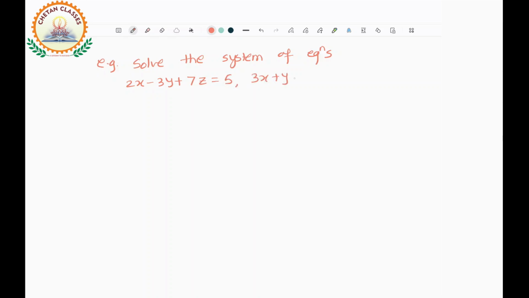Second equation, 3x + y - 3z = 13. And third equation, 2x + 19y - 47z = 32. So we have these three equations.